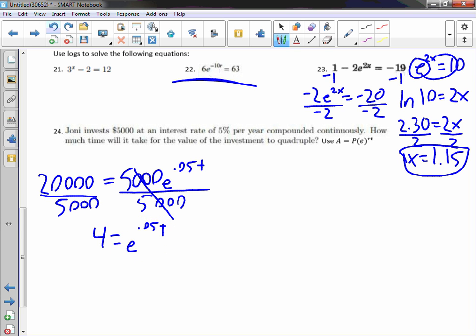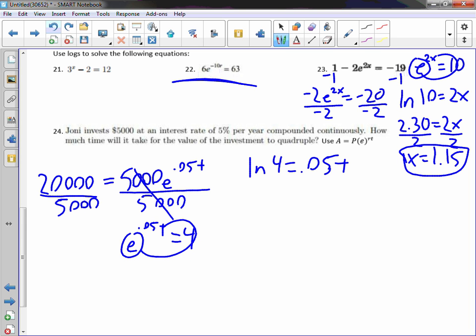So if you cannot log it from here, because you're unsure of it, move that equals 4 over to this side so you could use the snail method. I apologize, we get ln of 4 equals 0.05 t.